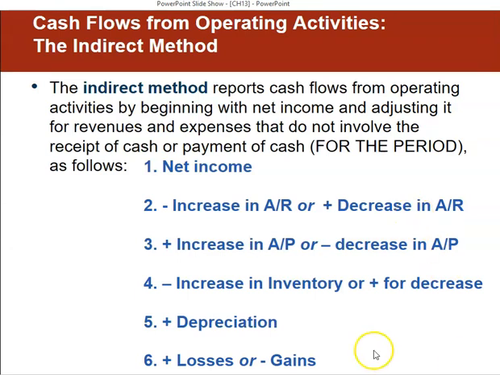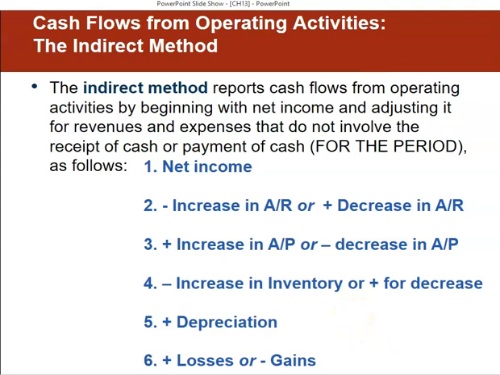Well, in that situation, we're going to have a $2,000 gain that's going to increase net income, but it's not an operating activity, because we're not in the business of buying and selling delivery vans. We're in the business of dry cleaning clothing. So that $2,000 gain is a negative adjustment.